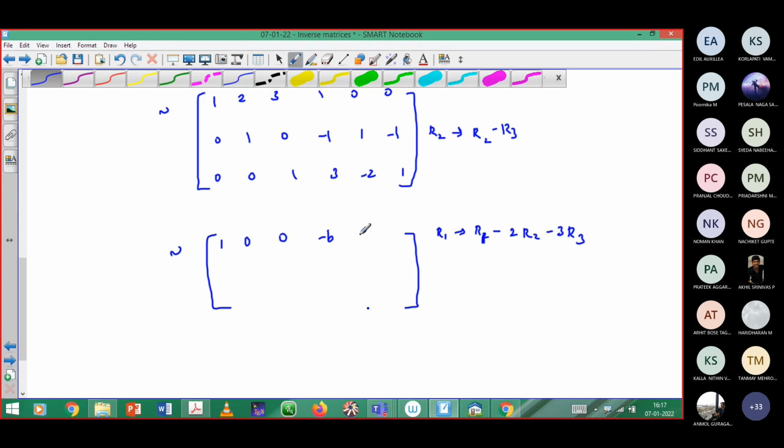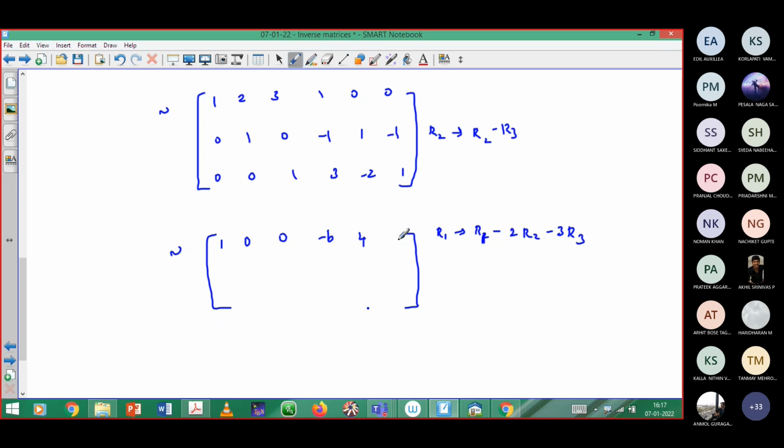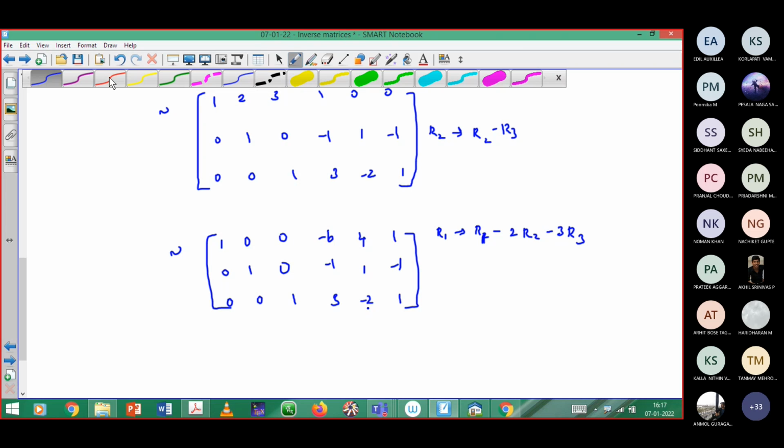Next, plus 4, plus 1. Okay. Next, I think there is no disturbance in the second part: 0 0 1, 3 minus 2 1. Now it is converted into the perfect form.